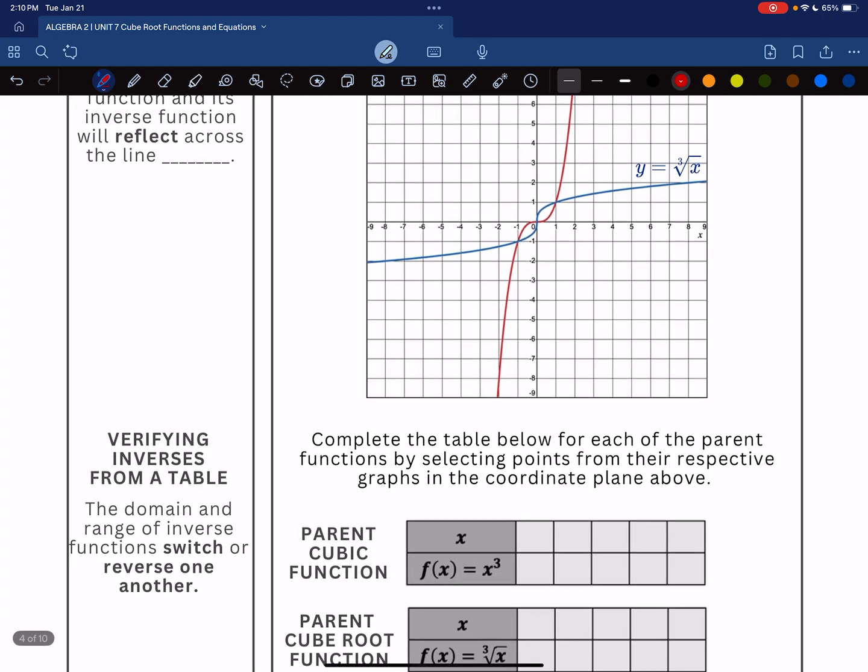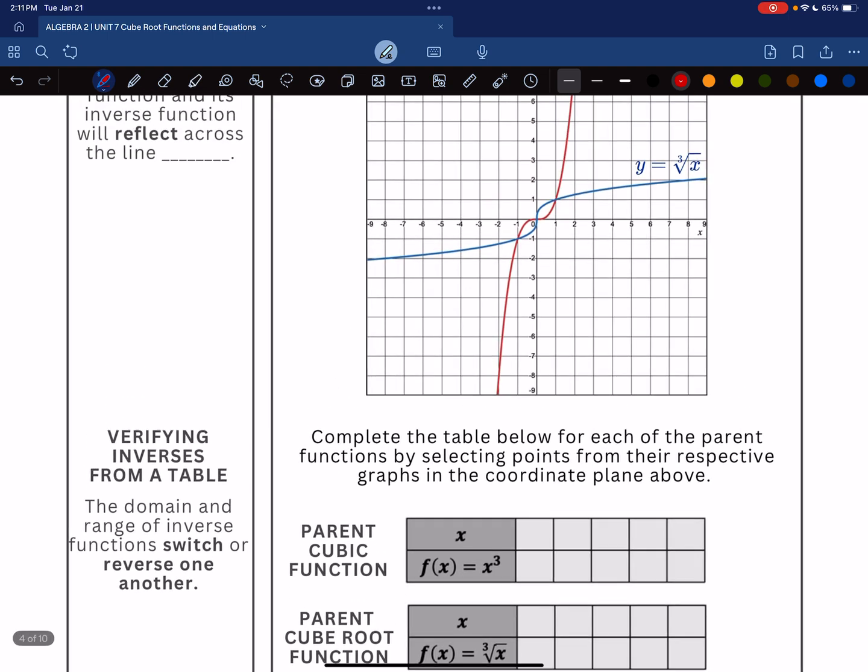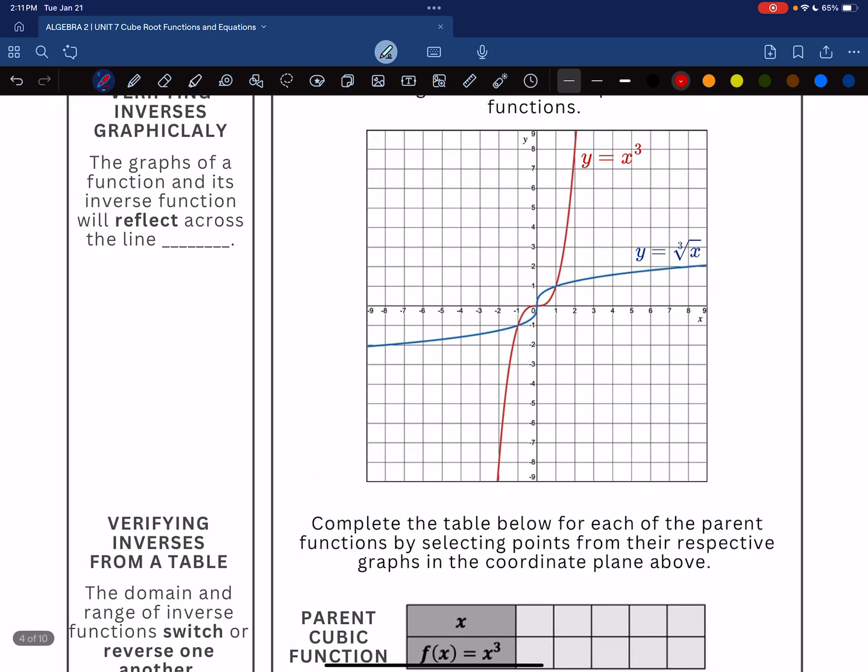We're going to find some points in the graph, and then we're going to plot them on the table down below. So let's find some points on our red graph, and specifically some nice, what I might call pretty points, points that are at integer values. So as we read it from left to right, here's what I come across. The first point that I come across is right here.